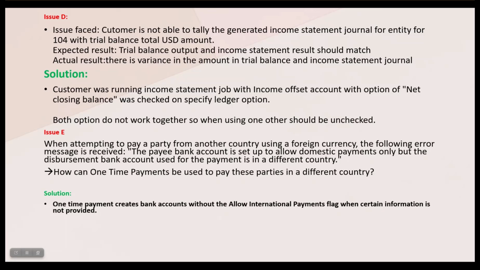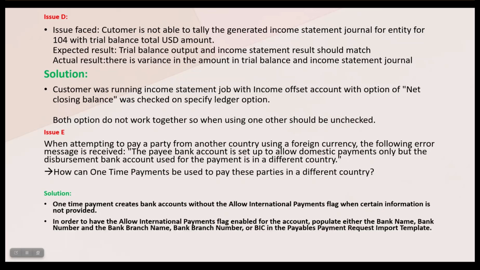One-time payment creates a bank account without the allow international payment flag when certain information is not provided. In order to have the allow international payment flag enabled for the account, populate either the bank account name, bank number, and the bank branch name, bank branch number, or IBAN in the payables payment request import template.